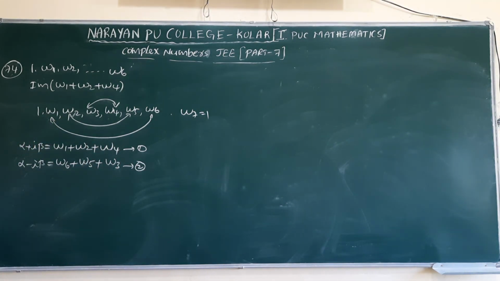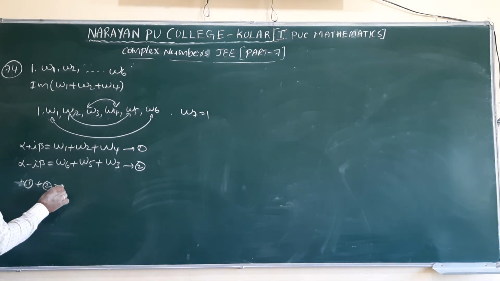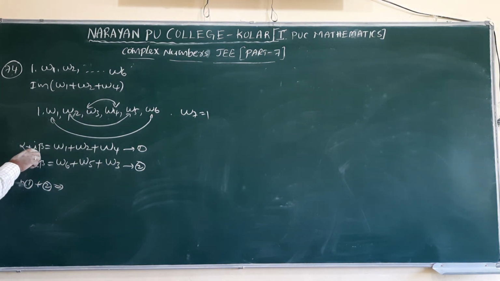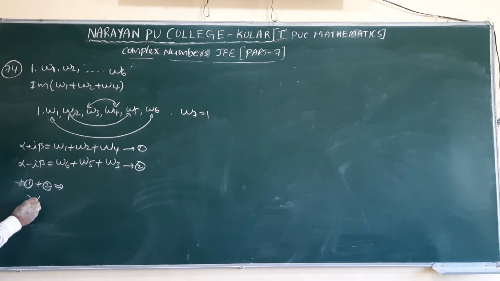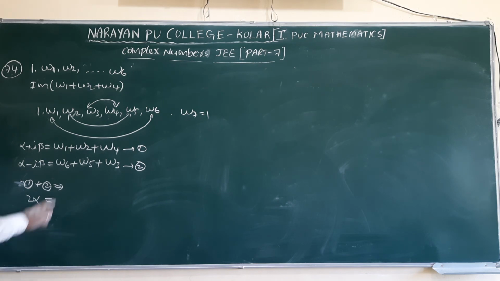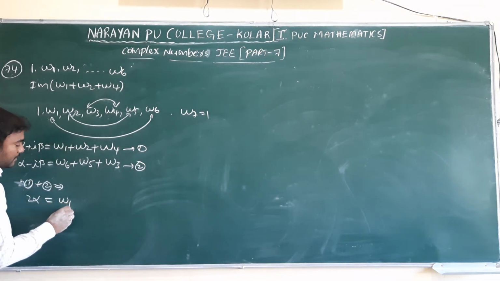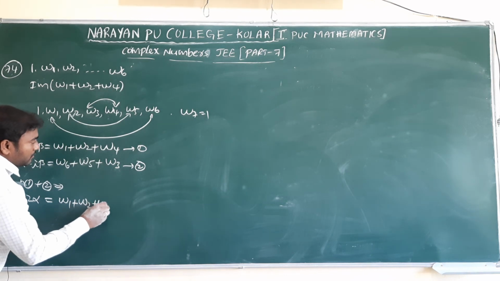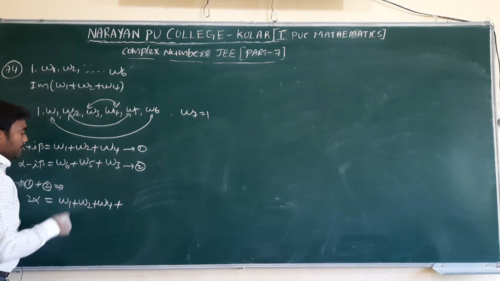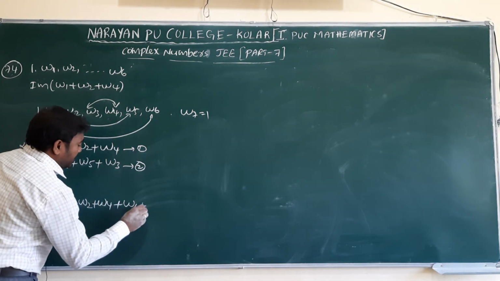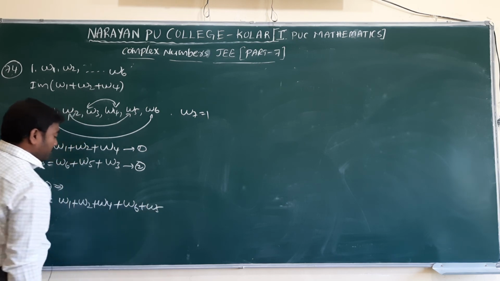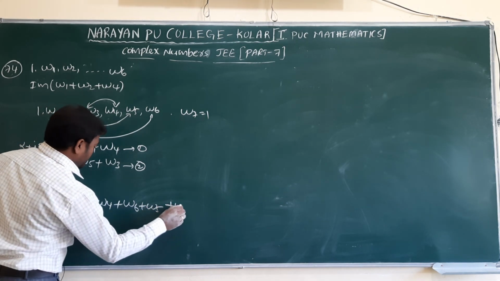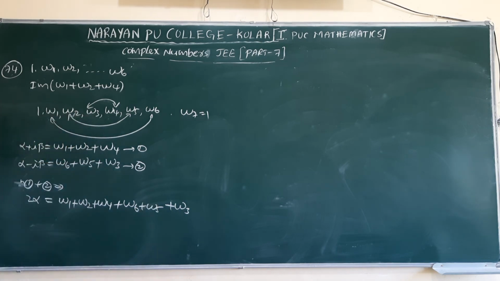Adding 1 and 2, the I beta and minus I beta get cancelled, remaining 2 alpha equals omega 1 plus omega 2 plus omega 4 plus omega 6 plus omega 5 plus omega 3.